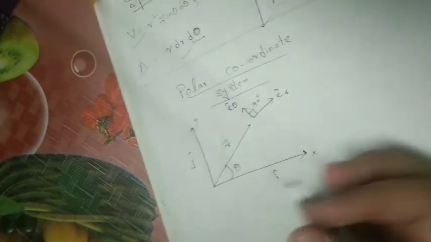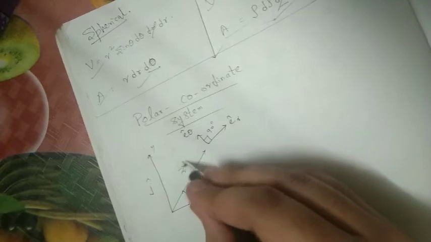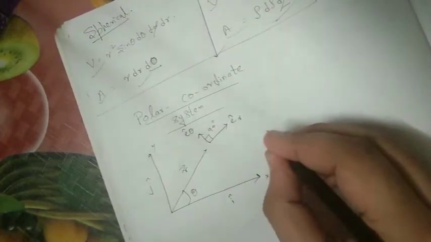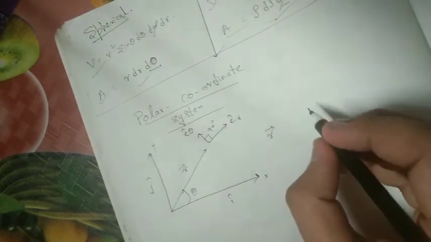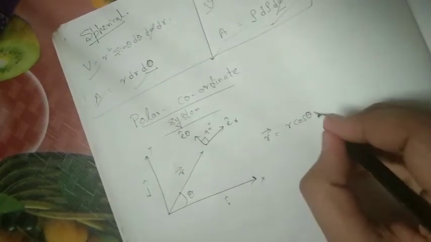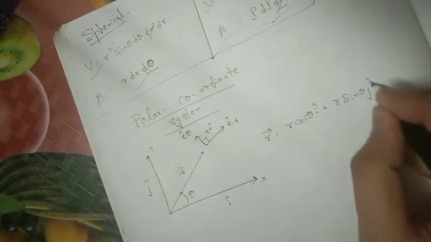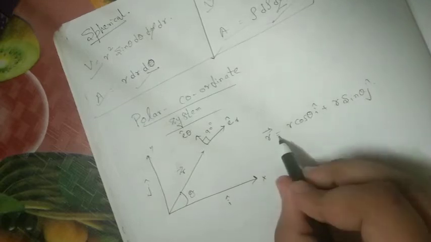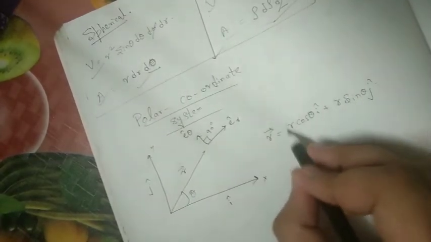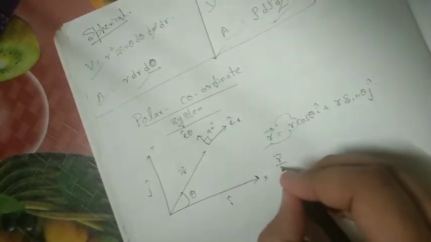Okay, so class 12 concept, we can divide this r in x-axis and y-axis as r vector equals r cosine of theta i cap plus r sine of theta j cap. We can just take this r in the denominator.